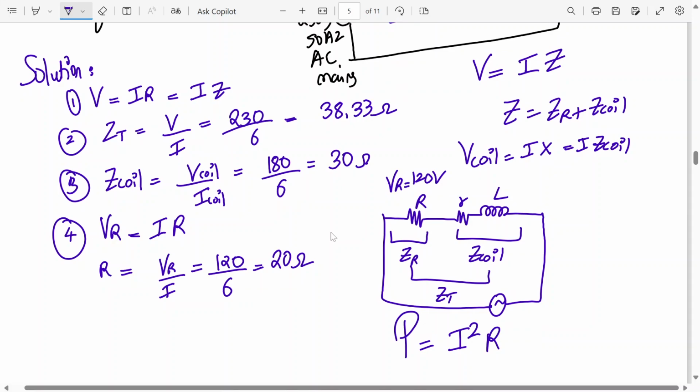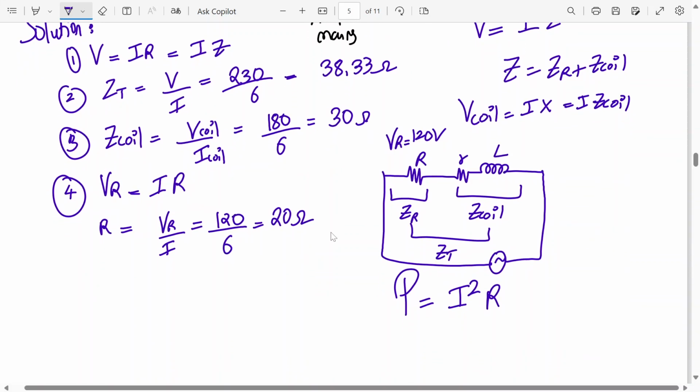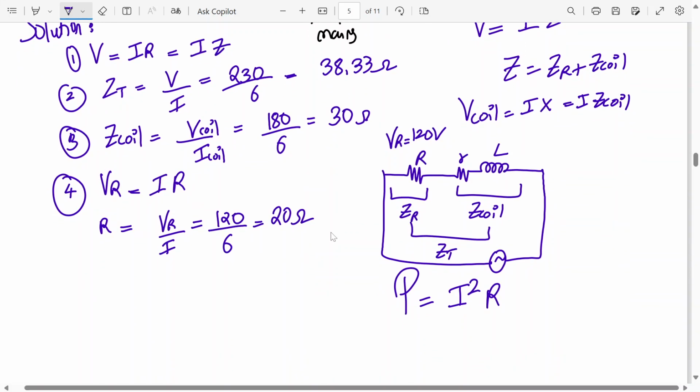So now tell me how to proceed forward. Now I want to find the unknown value of small r and capital L. So how will I find that? V coil is given to you, so I will say total ZT square is given by total R, which is 20 plus small r, can I write?